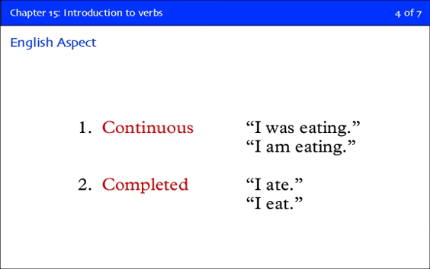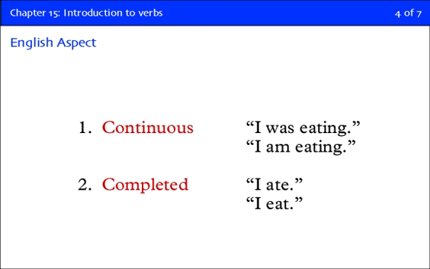Basically, aspect refers to kind of action. What was the kind of action that the verb is describing? Well, if the verb is a continuous form, if it's continuous in its aspect, it will describe the action as an ongoing process, as something that is linear. And you might say, for example, I was eating. Now that's continuous.